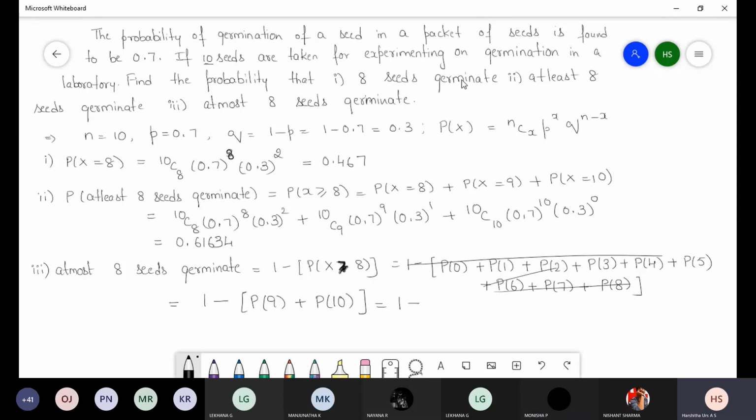This I write here, x greater than 8. So 1 minus P of 9 means 10C9 0.7 whole power 9, again 0.3 whole power 1, 10C10 0.7 whole power 10, 0.3 whole power 0 is 1.